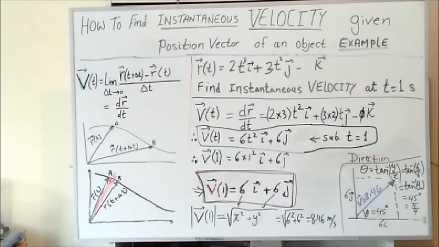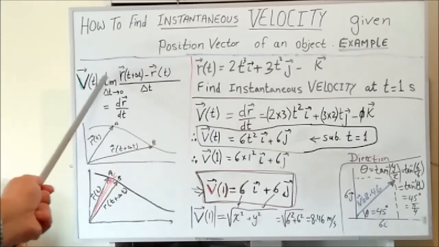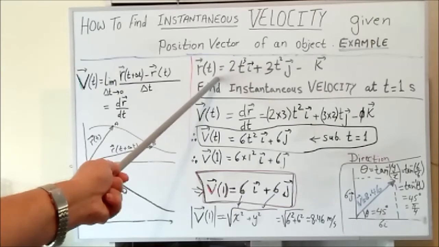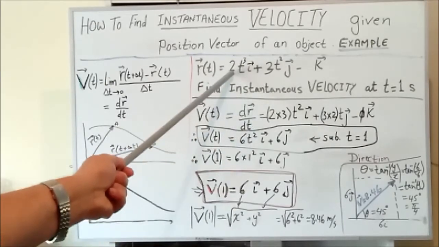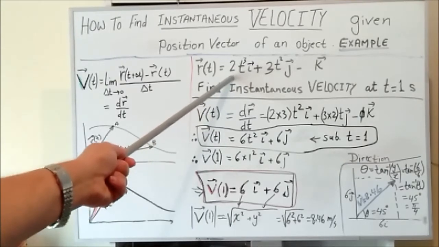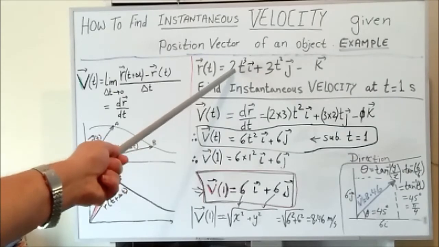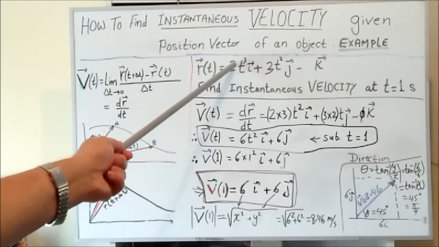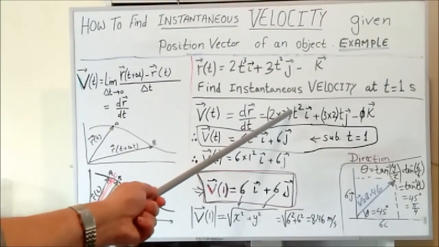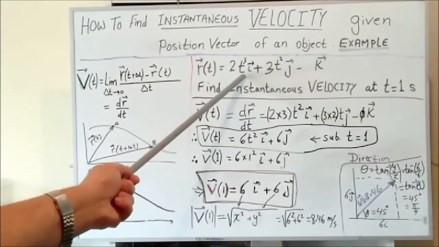So straightforward, by applying the formula, V(t), the instantaneous velocity, equals the derivative of r with respect to t. So it's the derivative of this equation. We know how to differentiate this. With respect to t, we multiply 2 times the power 3, and take 1 from the power, 3 minus 1, so you get t square.